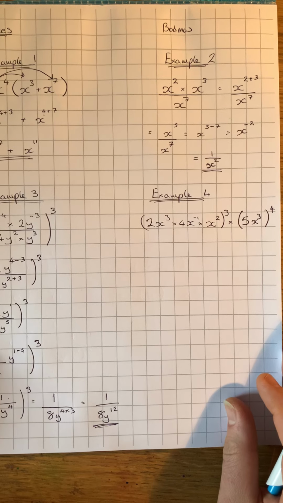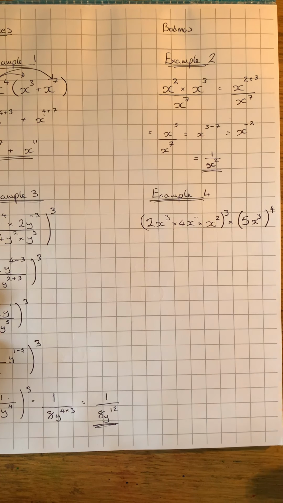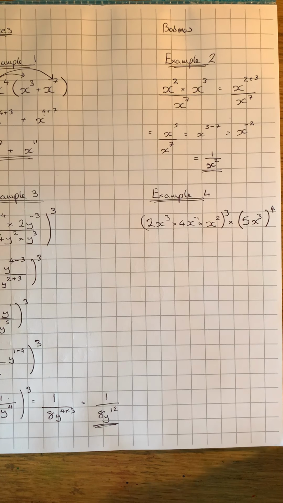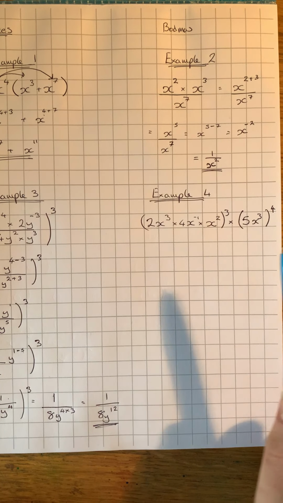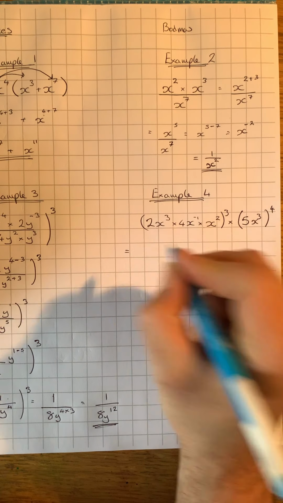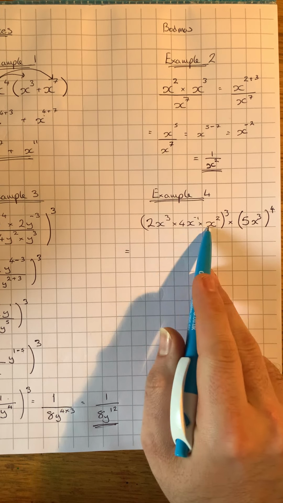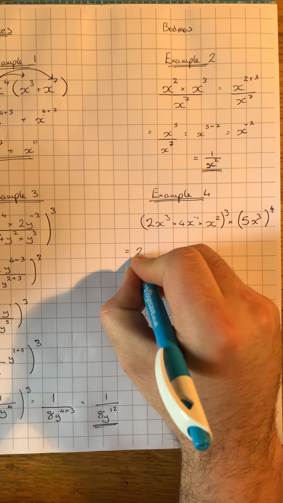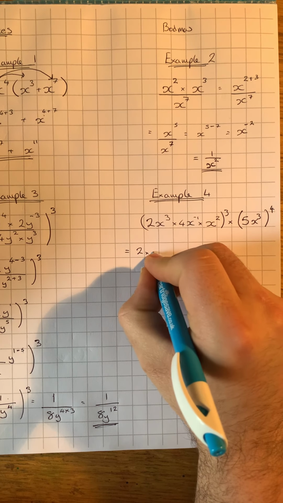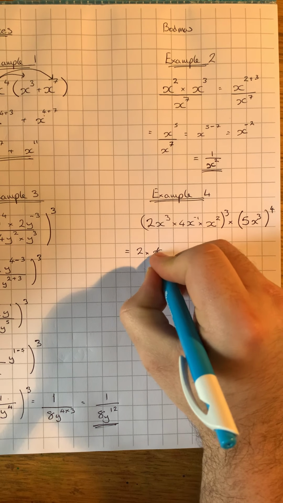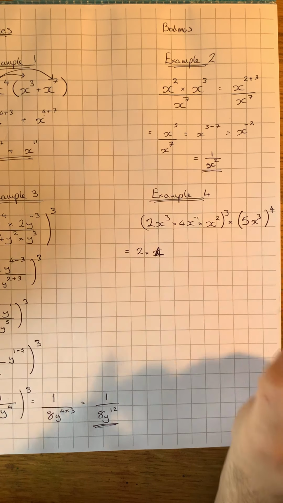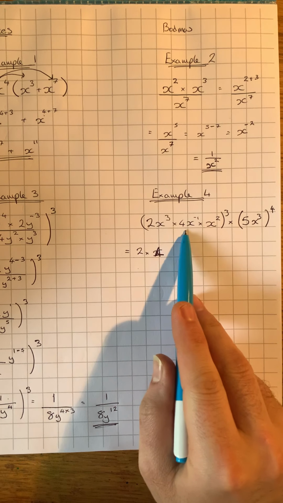Now, the last example I have here is this big monstrosity here. So, once again, dealing with any brackets first of all. So, inside we've got all this for the first one. So, we've got 2 times by 4. Nearly forgot that 4 there. 2 times by 4 there.